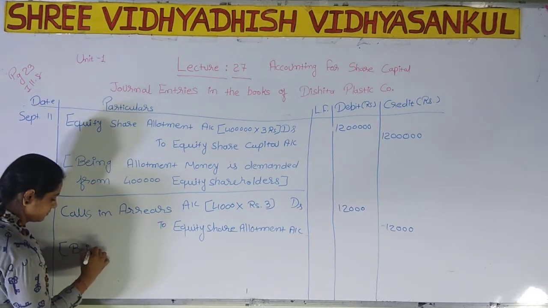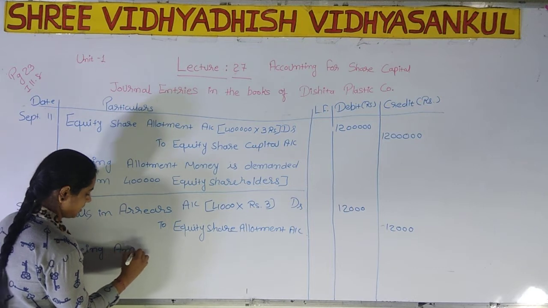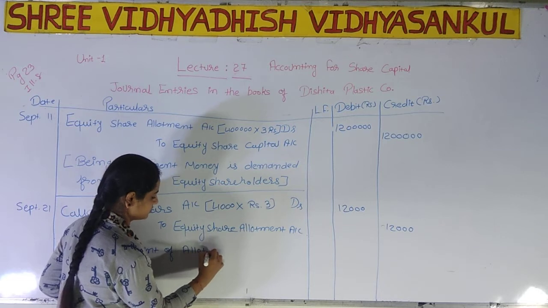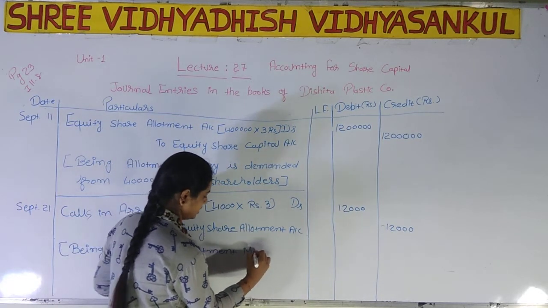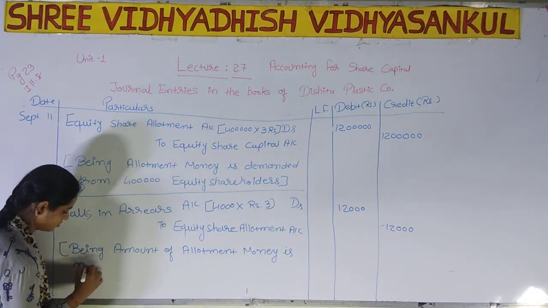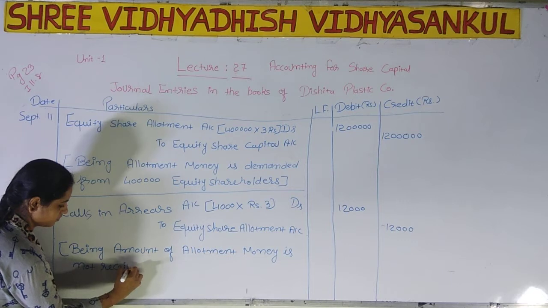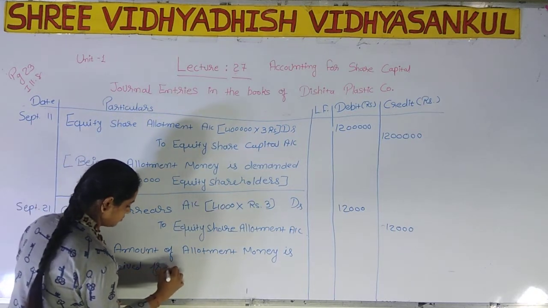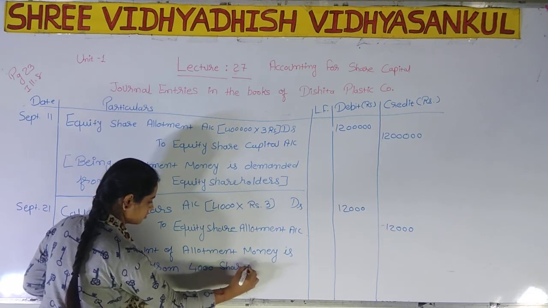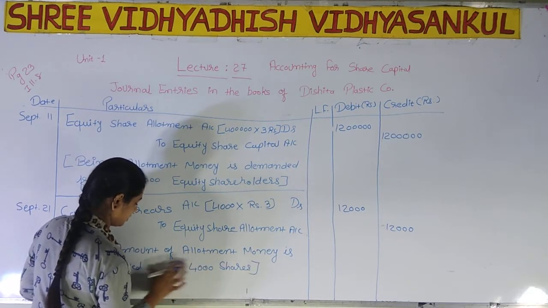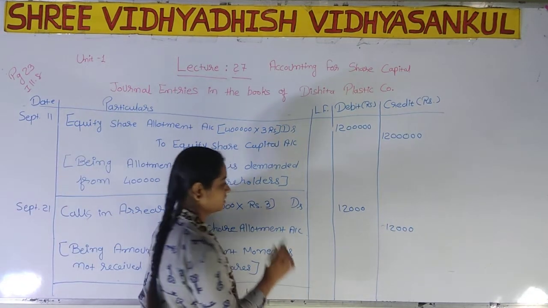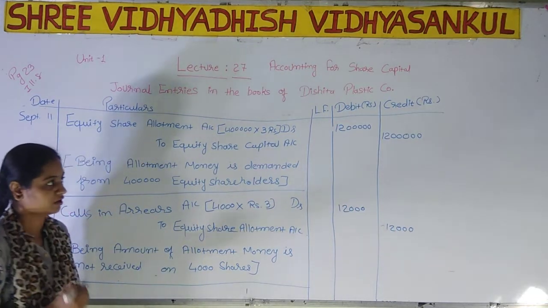Being amount of allotment money is not received on 4,000 shares. Instead of writing from, you can write on. Bracket over, underline with pencil, right? Write down these two.